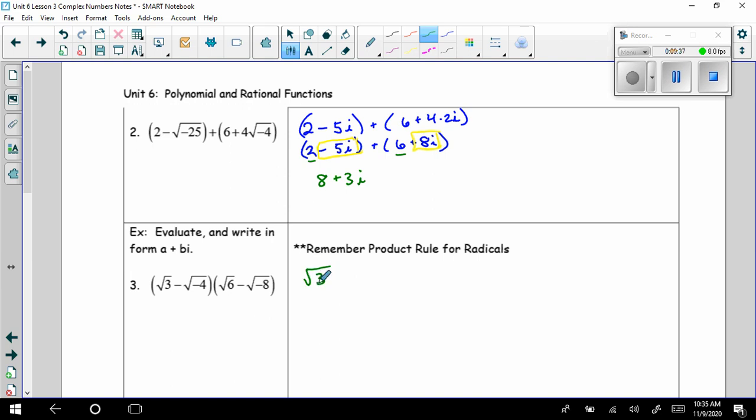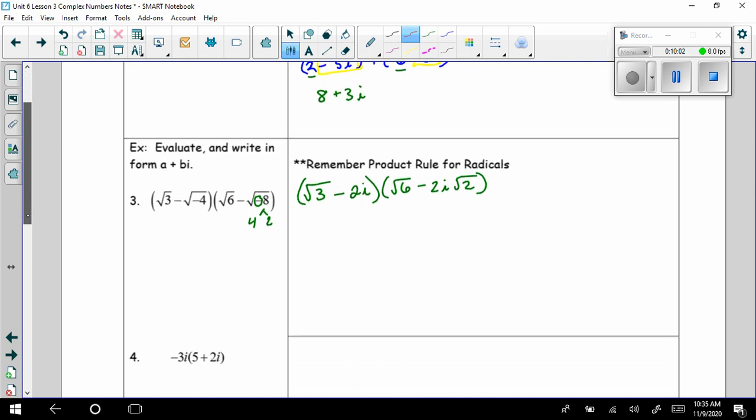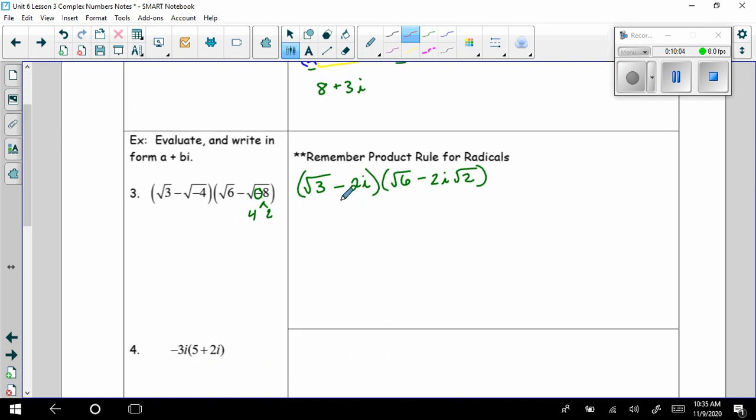So square root of 3 minus 2i times square root of 6 doesn't reduce, so square root of 6 minus, and this breaks down into 4 and 2 and the negative, so I'm going to do 2i on the outside with my leftover 2 on the inside. So simplifying that first before I do anything else.